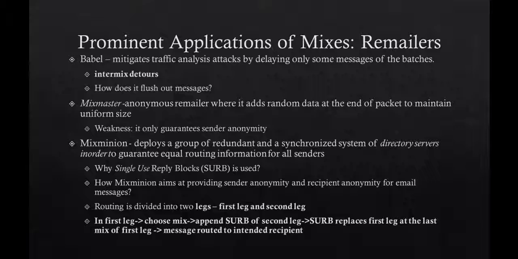In the first leg, the sender chooses the mixers and appends the SURB of the second leg. So while traversing, when the message reaches the last mix of the first leg, it is replaced by the SURB so that the traversing of the message continues till it reaches the destination.